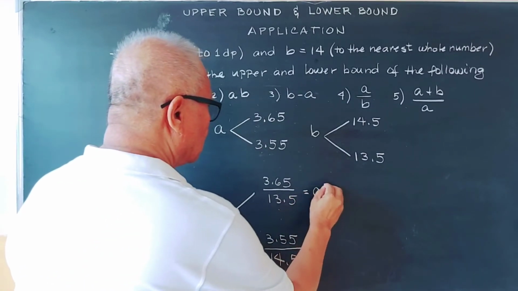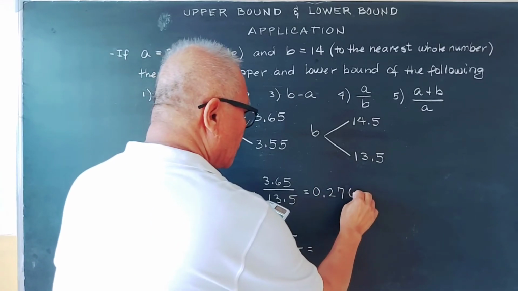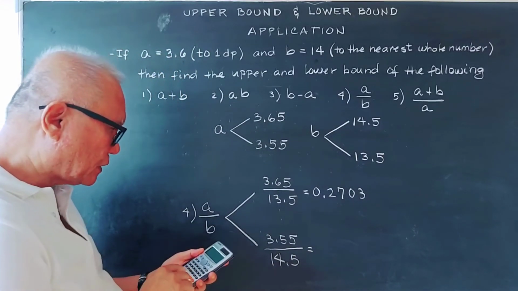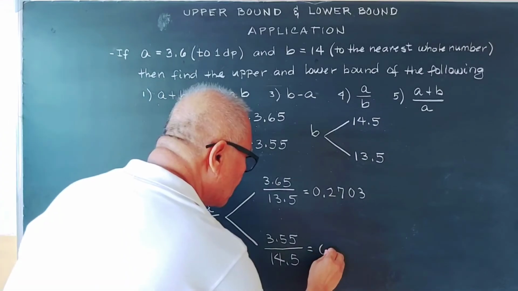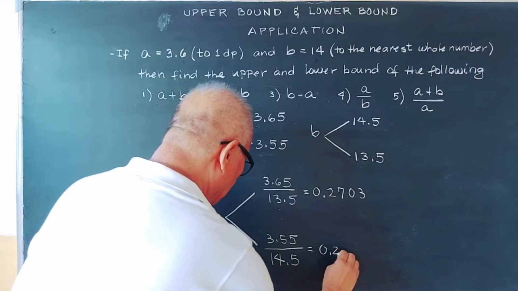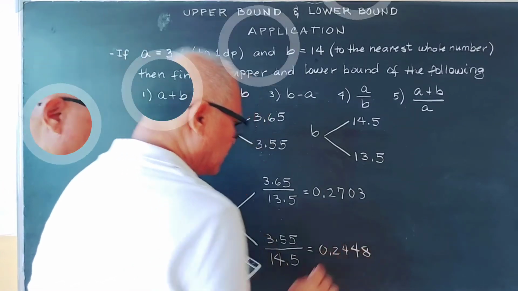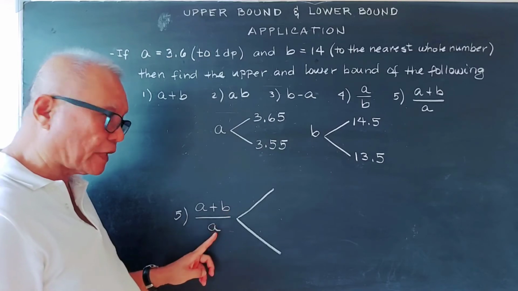That gives 0.2703, that's the upper bound, and then the lower bound is 0.2448.